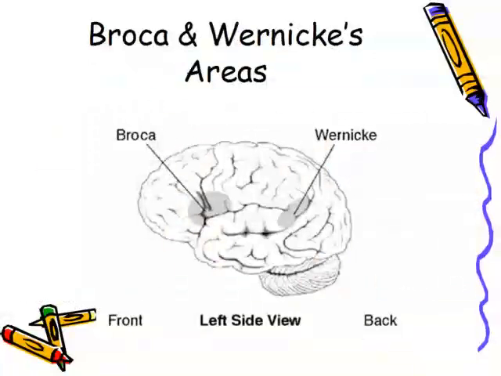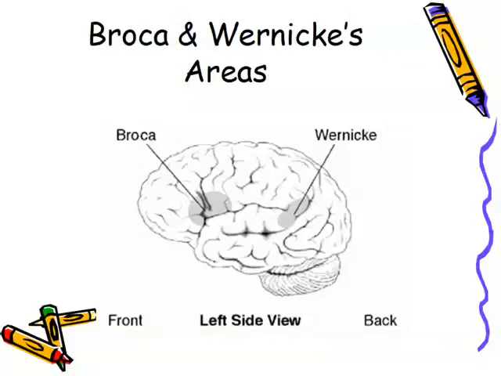Any type of neurological disorder, from different types of bleeds or different kinds of injury to the brain, can potentially cause injury to the Broca and Wernicke areas of the brain, which are the areas that control our speech, writing, and those types of things.